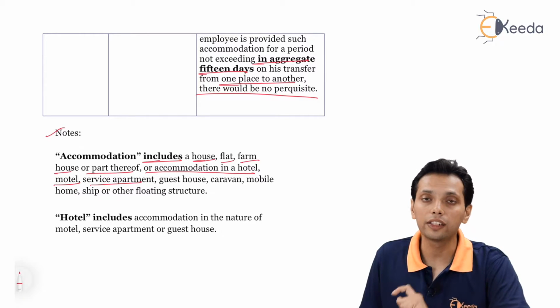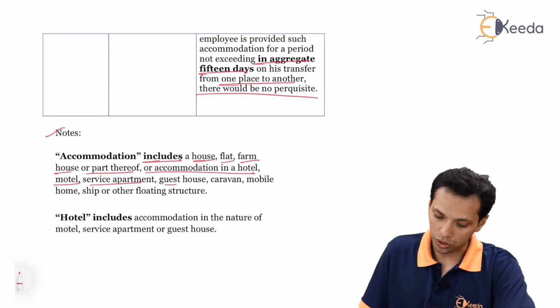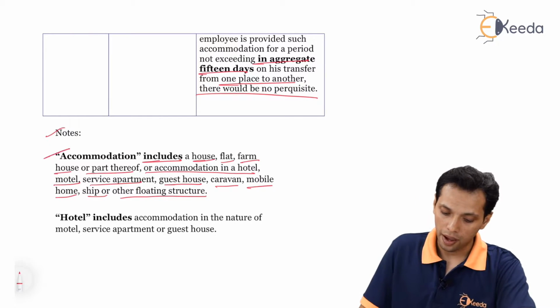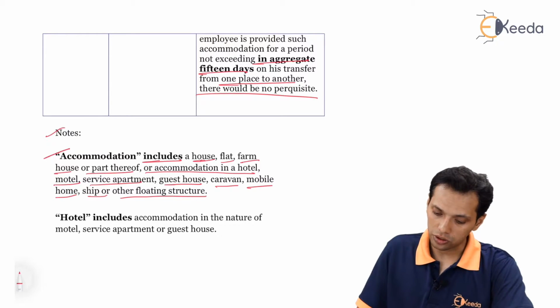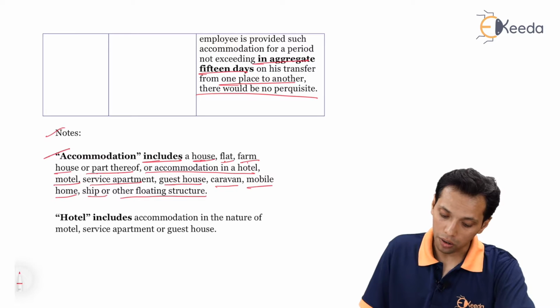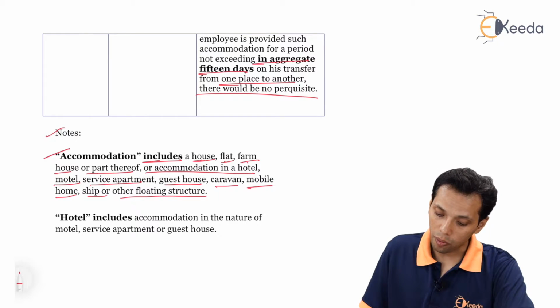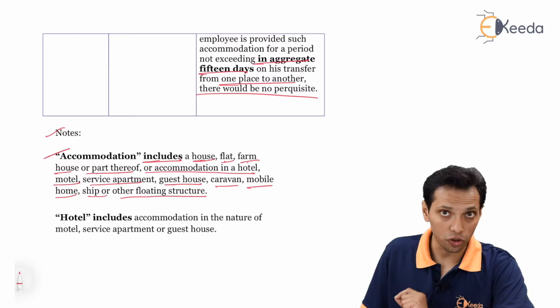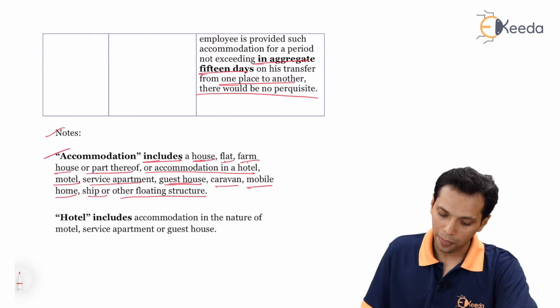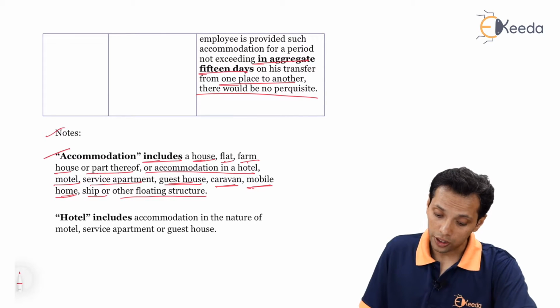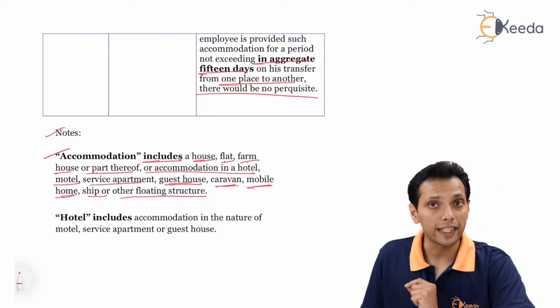A service apartment provides facilities similar to a hotel. It also includes a guest house, caravan, mobile home, ship, or any other floating structure.